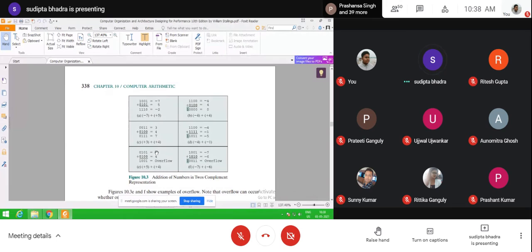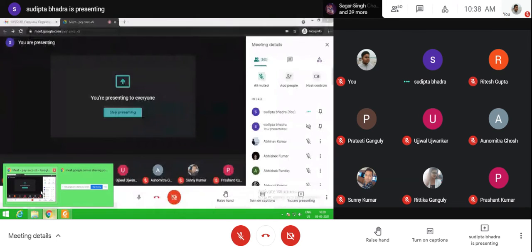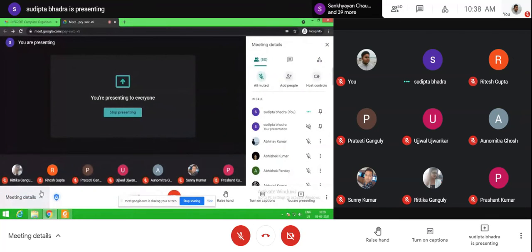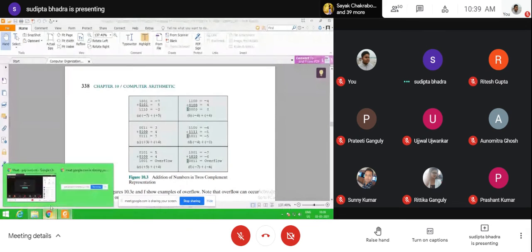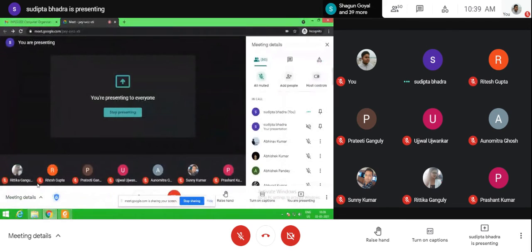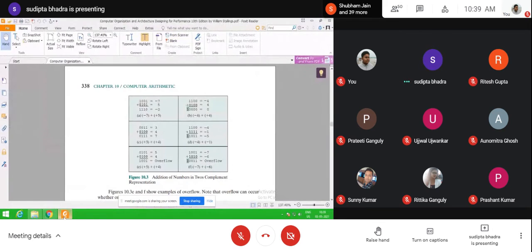Now the value part will be represented from the 0th bit to the 2nd bit.